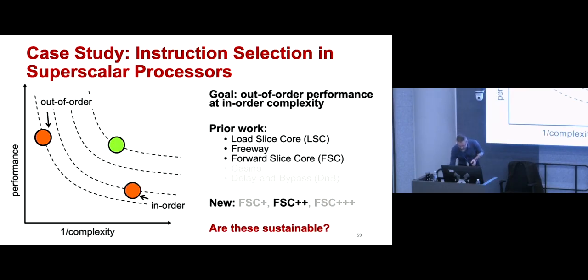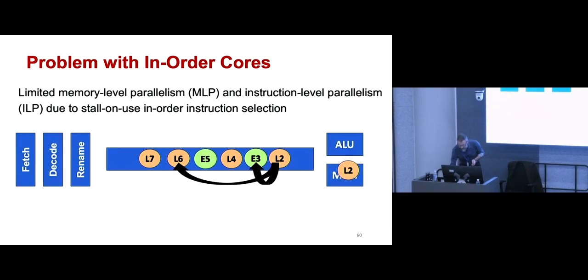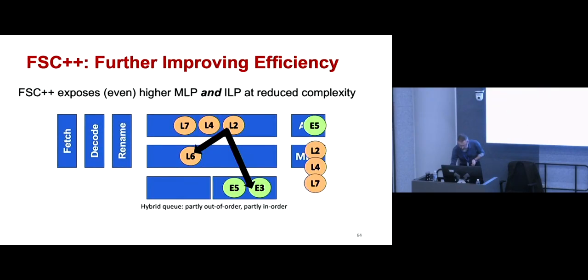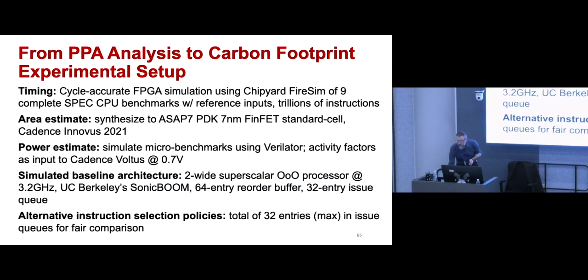So I'm not going to go into too much detail into each of these architectures, so I'm going to skip these slides in the interest of time. But what we basically did was that we synthesized each of these architectures to a FinFET standard cell technology node to get an estimate of chip area, to get an estimate of power consumption.